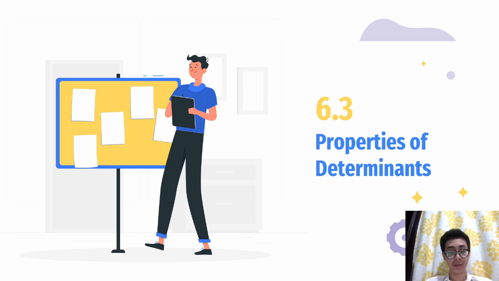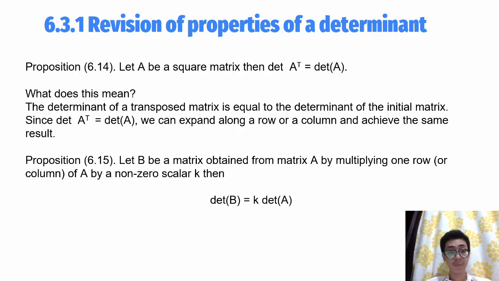6.3 Properties of determinant. Revision of properties of determinant. Proposition 6.14. Let A be a square matrix, then determinant A transpose equals determinant A. What does this mean? The determinant of a transpose matrix is equal to the determinant of the initial matrix.